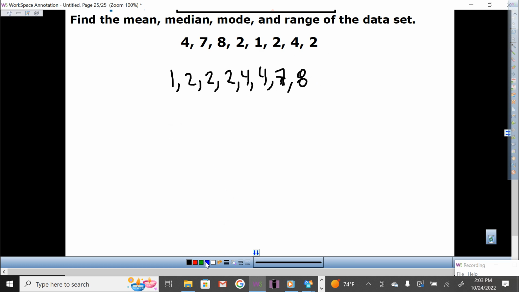So from there, we can find the mean by adding them all and dividing by 8. So this is, let's see, 10, 20, 30. So it's 30 divided by 8. Is that correct? Yeah, 30 divided by 8. So that fits in there 3 times.